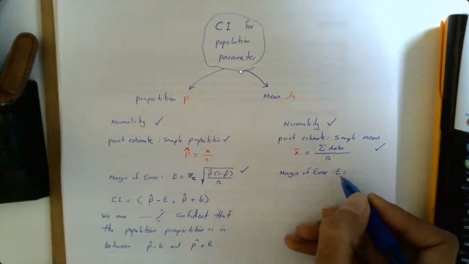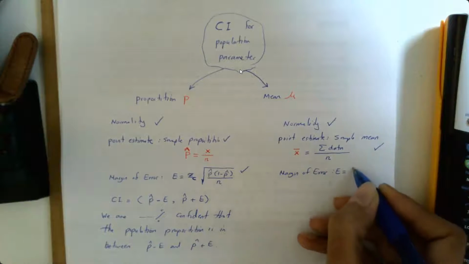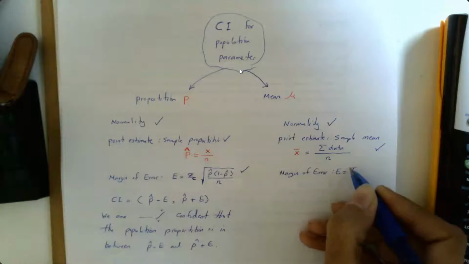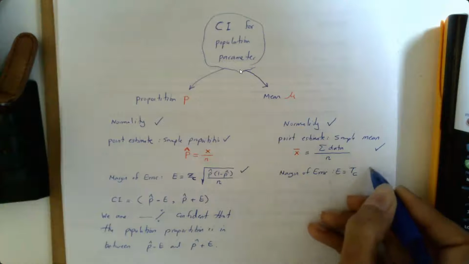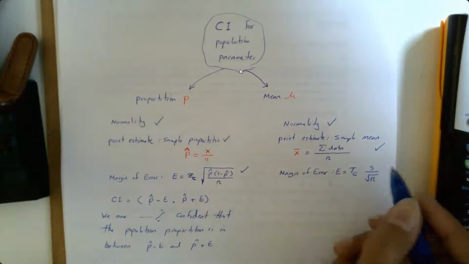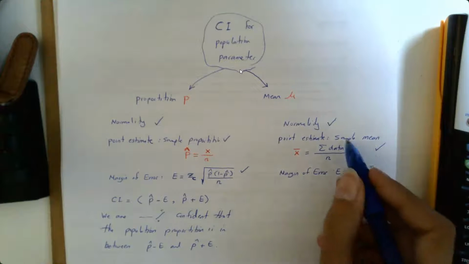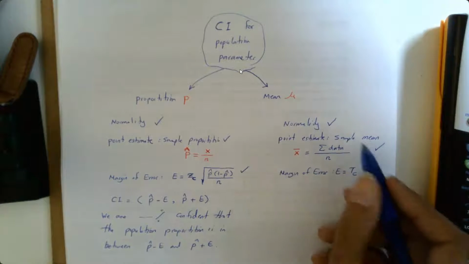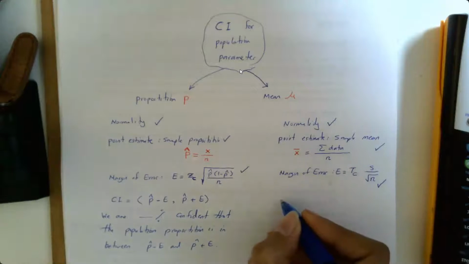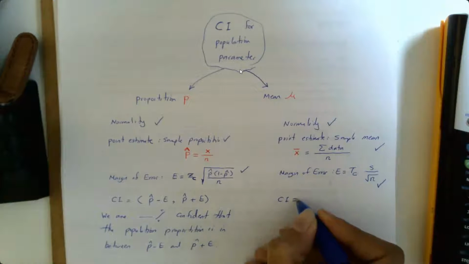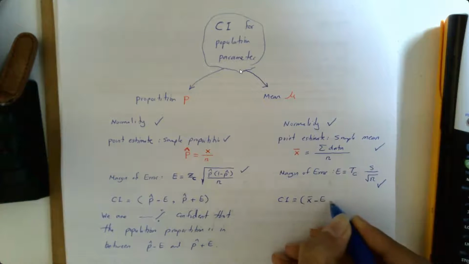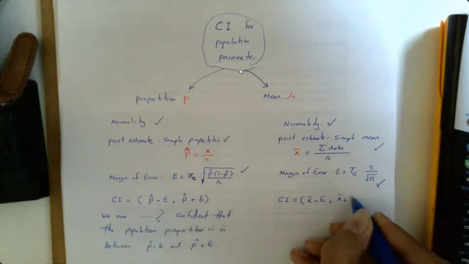So margin of error is equal to T sub C, which is our critical value from the T distribution, times S divided by square root of N. S is the sample standard deviation. After finding the margin of error, we're allowed to move forward to find the confidence interval, which is X bar minus E, comma, X bar plus E.